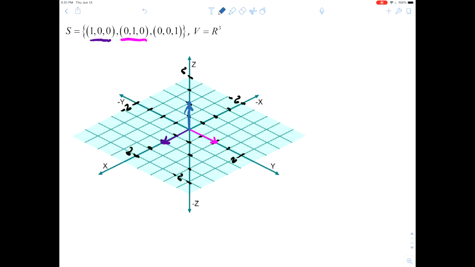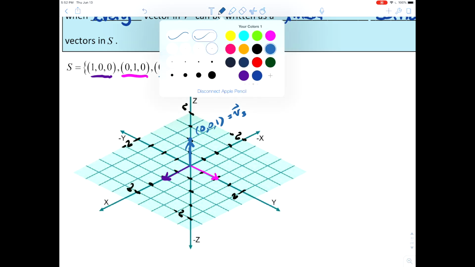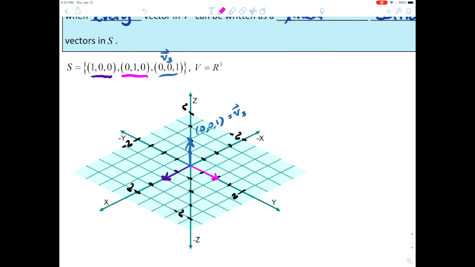Good so far? Awesome. And actually I can label these. This is 0, 0, 1. And then we could call this V3, right? If we want to. And then this one would be 0, 1, 0. And we could call this one V2.